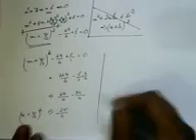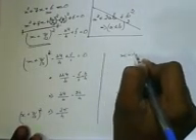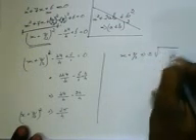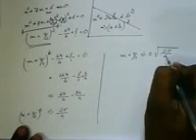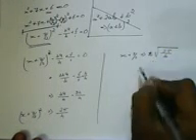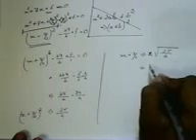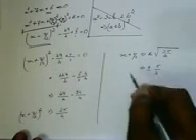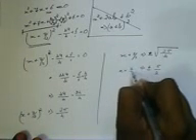So here what we have is x plus 7 by 2 is equal to plus or minus square root of 25 by 4. We know that square root of any number can be negative or positive, so root of 25 is 5, root of 4 is 2.